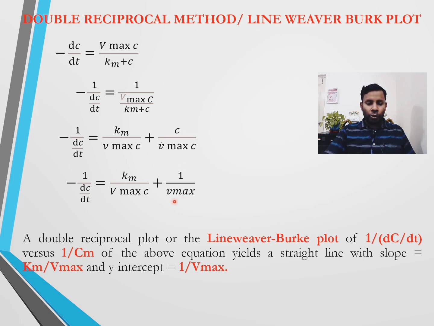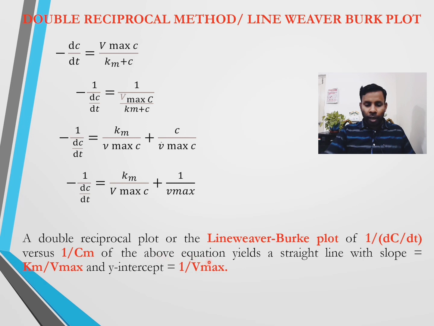If we plot a double reciprocal plot or Lineweaver-Burk plot between minus 1 by dC by dt and 1 by C, we will get a straight line whose slope is Km by Vmax, and its y intercept will be 1 by Vmax.